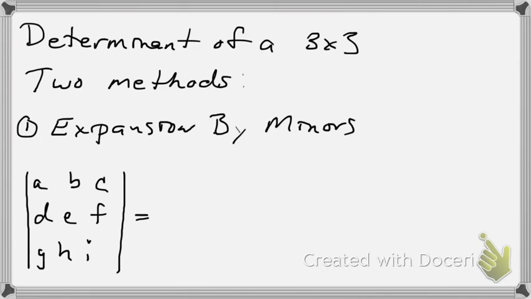So I'm going to put a general matrix up there of 9 numbers, A, B, C, D, E, F, G, H, I. And I'm going to show you the process. I'm going to do this using the top row, but you could use it with any row or any column. It's magical how it works.